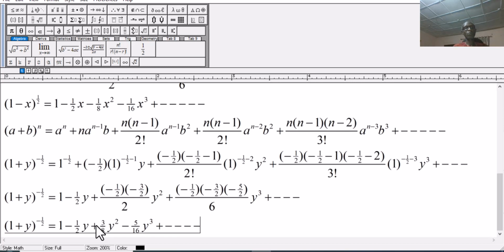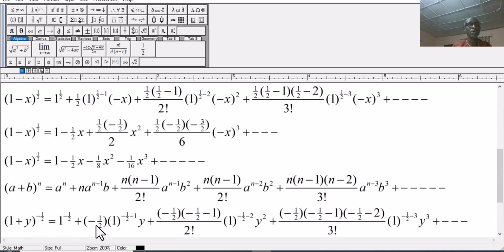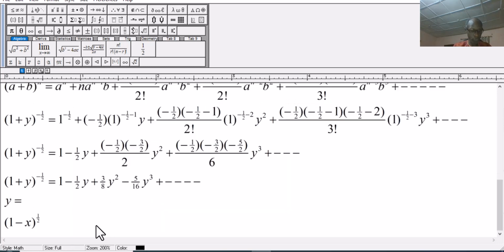So now once we have gotten these two expansions, we can start merging the terms together. So I'm going to copy this and start the merging. Before we start the merging, I need to explain something, which is our next step. Remember our y is equal to x plus x squared.